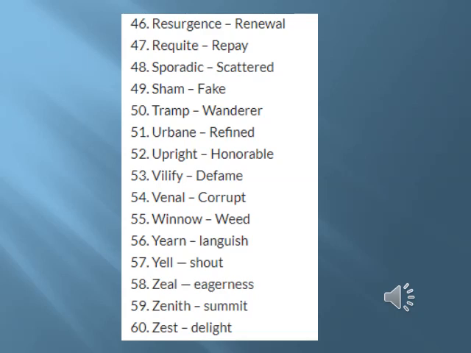Urbane, refined, sophisticated. Upright, honorable. Vilify, defame. Venal, corrupt. Winnow, weed, separate or remove, weed out, with that meaning here, remove.